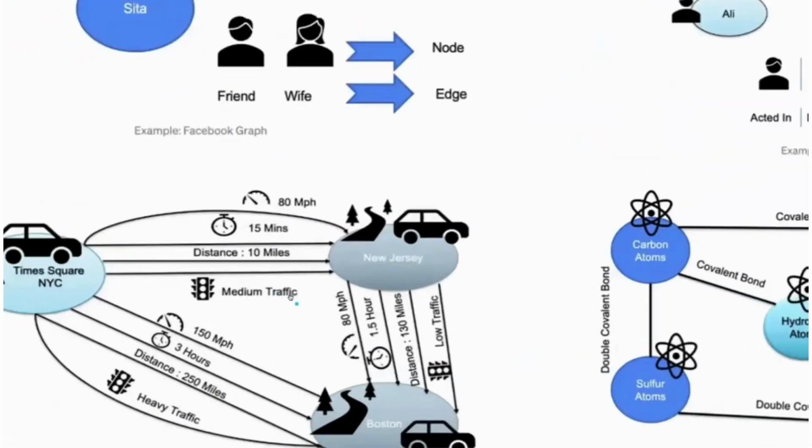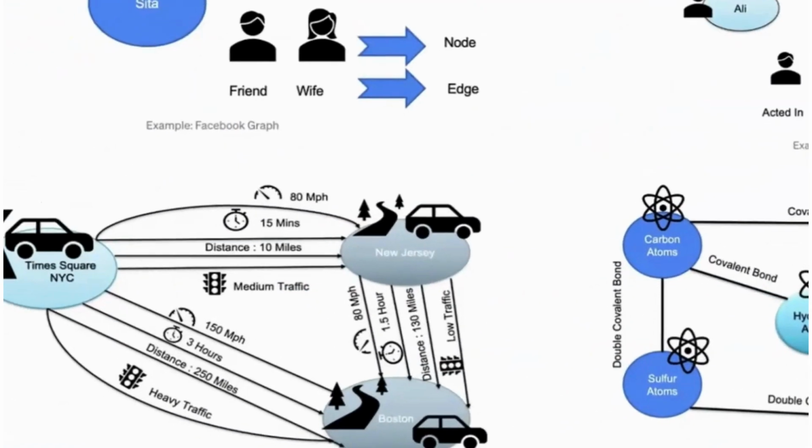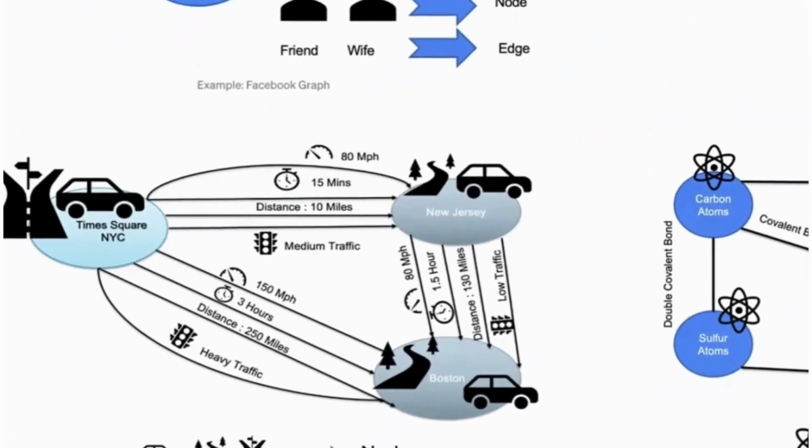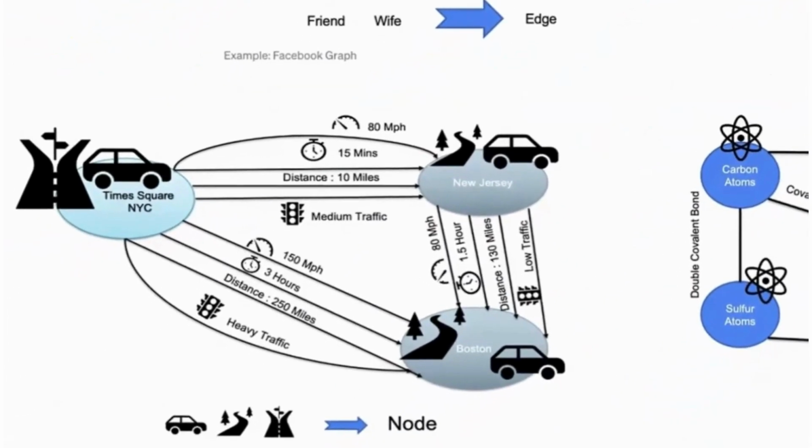Here we have a combination of both directed and undirected graphs. This is an example of directions from one place to another. Here, Times Square, New York to New Jersey is a node, and the relationship is distance. The distance is exactly 10 miles from Times Square to New Jersey.